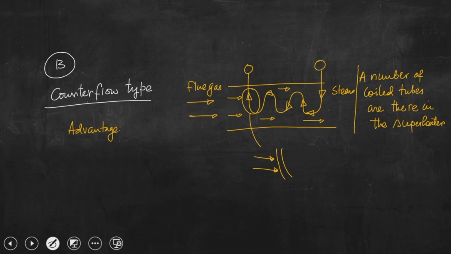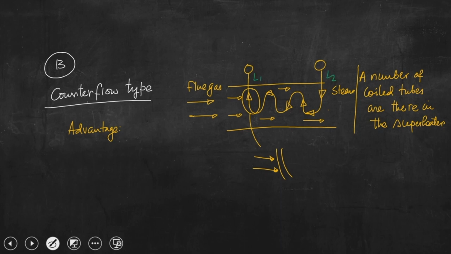So, flue gas, when flowing from extreme left to right, is exchanging heat, and when the flue gas is reaching the right side of this particular device, that temperature is reduced. So, if we give a name, say this is L1 and this is L2.